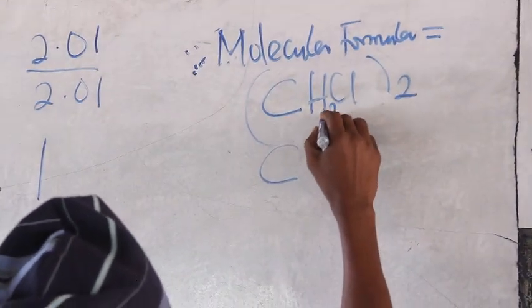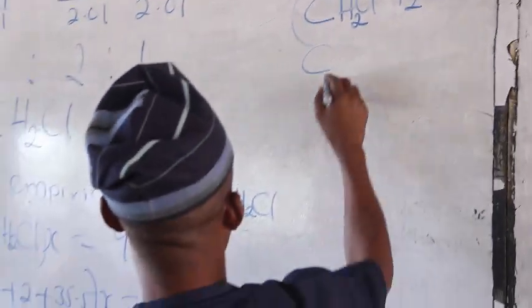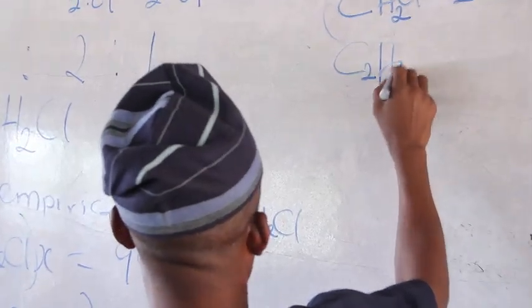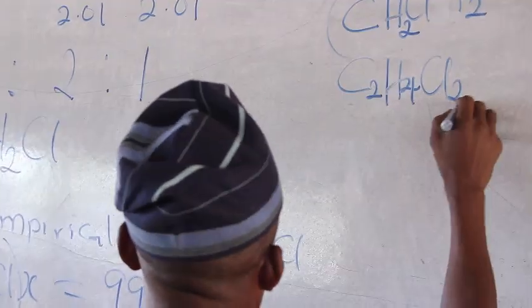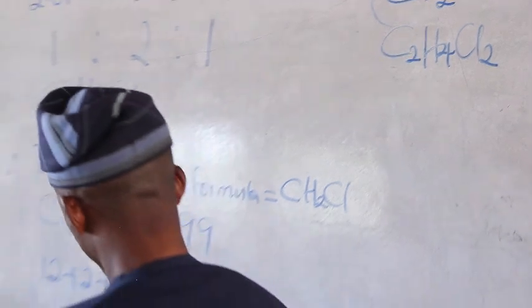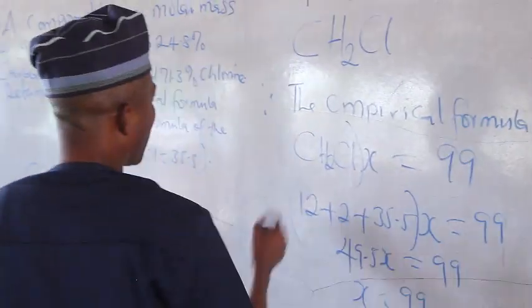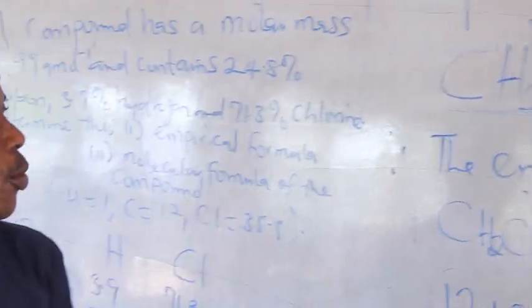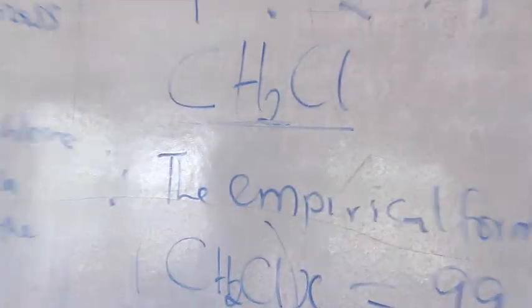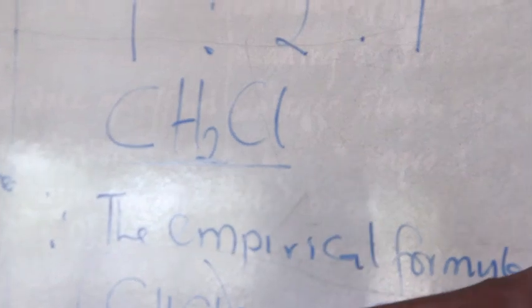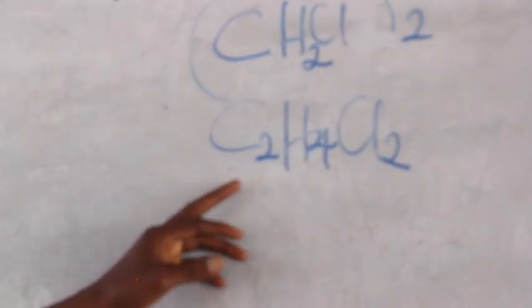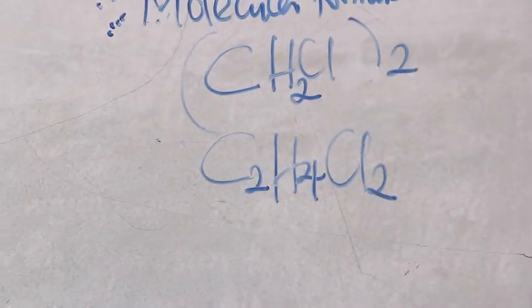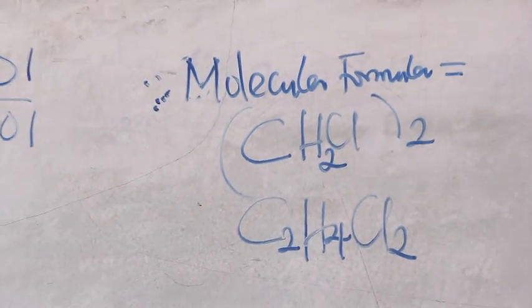That is right. So that would be C2H4Cl2. So the empirical formula for the compound is CH2Cl, while the molecular formula is C2H4Cl2. Who can tell us the name of that compound?